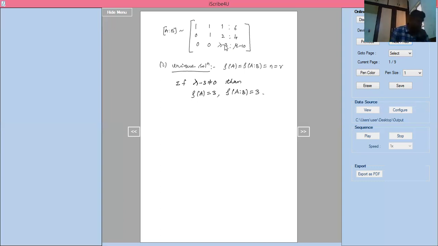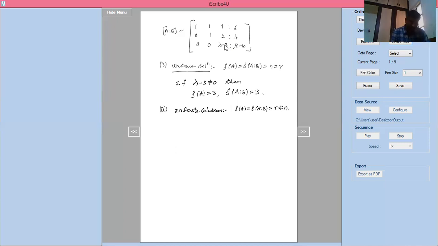Next, the second case is infinite solutions. When you get infinite solutions, rank of A equals rank of A is to B equals r, which is not equal to n, the number of variables; it is less than that.